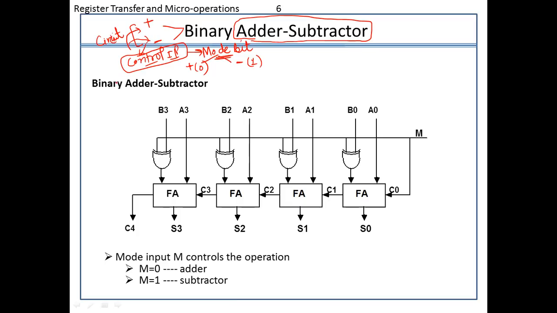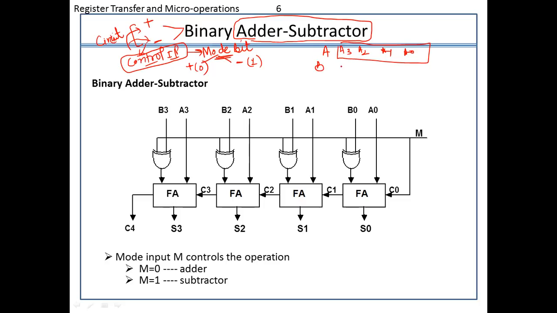So let's understand how this entire architecture will be designed. In this case, again, if I take the data in the A register, which is A0, A1, A2, and A3.